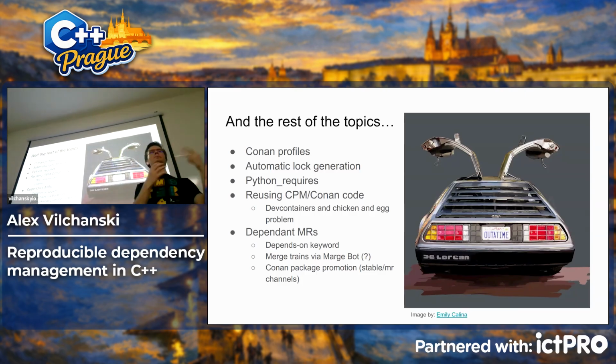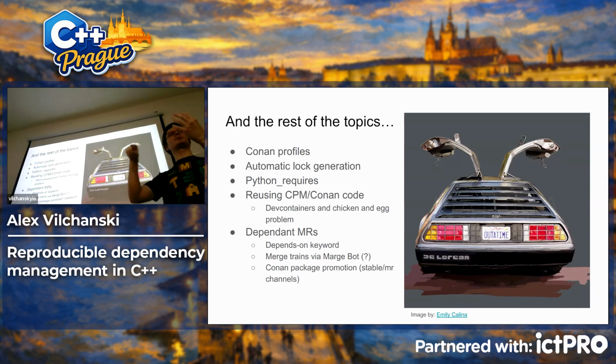So you have like three merge requests, which are dependent on each other. B needs to check out the merge request version of C. A needs to check out the merge request version of B, which checks out the merge request version of C, or something like that.